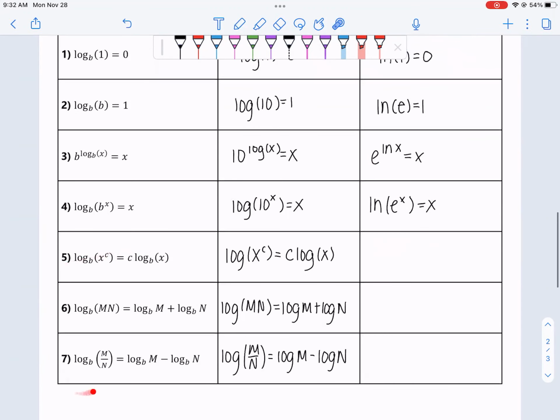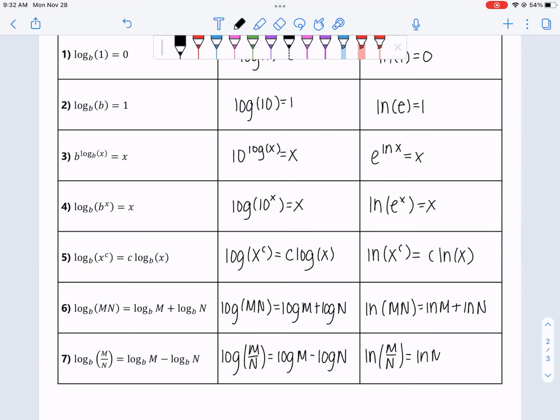And then these last rules are legitimately just, instead of log b, you write ln, because these rules aren't as exciting. So if you have ln of x raised to the c, it's c ln of x. If you have ln of m times n, this is ln m plus ln n. And if you have m divided by n, you have ln of m minus ln of n.